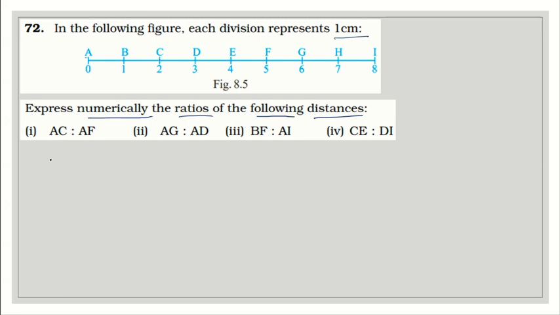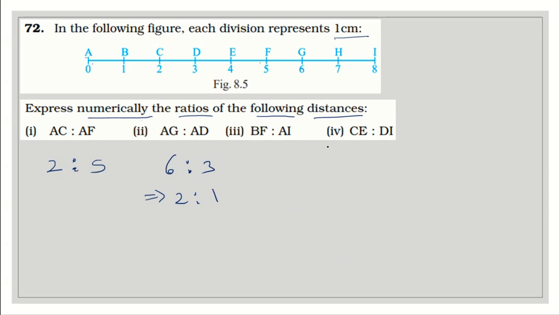AC is 2 units, AF, from 0 to 5, is 5 units, so 2 is to 5. The second one is AG, A to G is 6 units, is to AD, 0 to 3 means 3 units. On simplification it becomes 2:1.